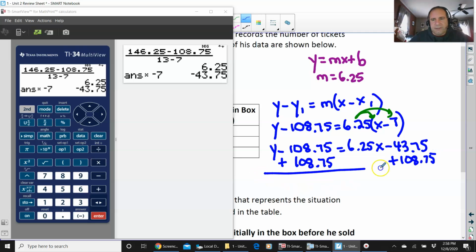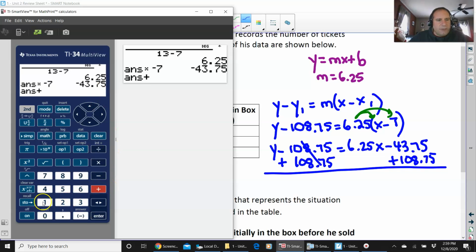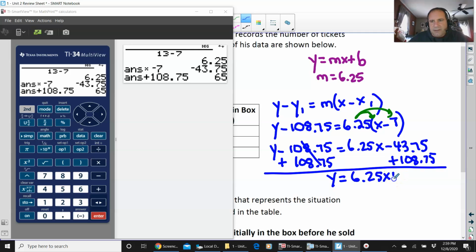So this cancels. And I am going to get -43.75 plus 108.75. 65. So y equals 6.25x plus 65.